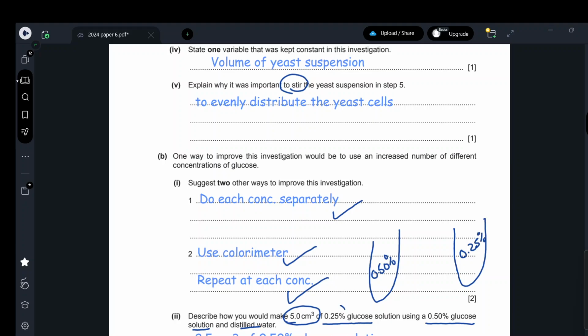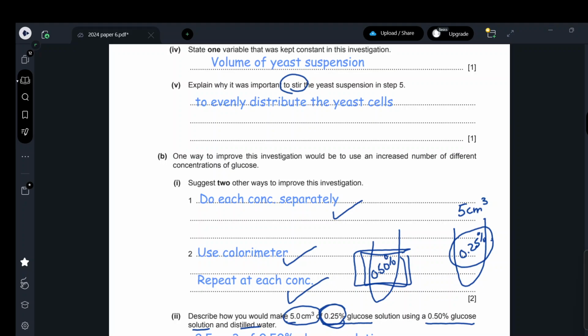I want to prepare 0.25% from this one. What is the volume? 5 cubic centimeter of 0.25%. This is what you want to prepare from this one.